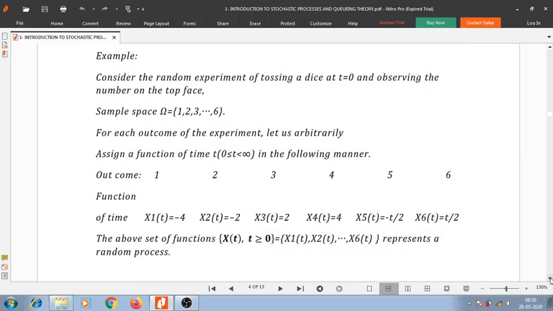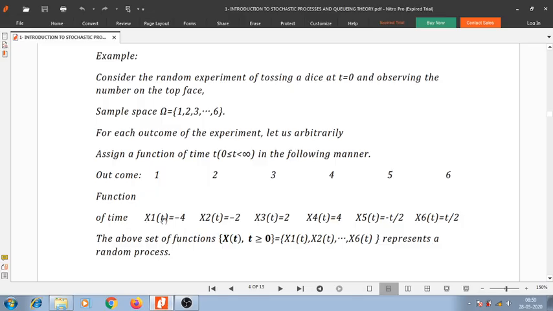One more example here. Consider an experiment of tossing a die at time t equal to 0. How many possibilities? The outcomes are 1 to 6. So we define time functions: x1 of t is equal to minus 4, x2 of t is equal to minus 2, and so on, x6 of t is equal to t by 2.